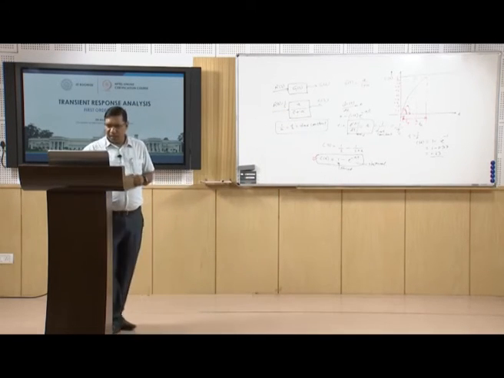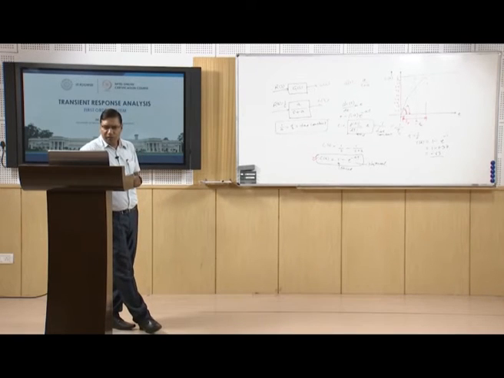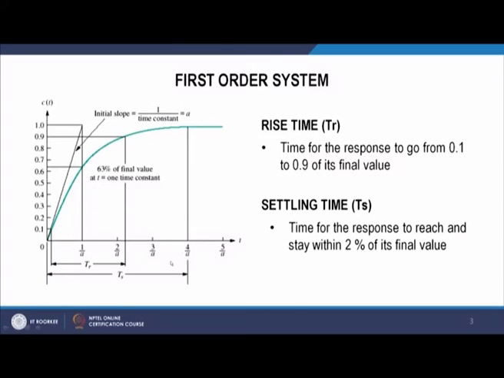So, here we see that from 0 we start, and let us say at 4 time constants this response reaches 0.98 and stays within 2% of its final value. So, this is the settling time.